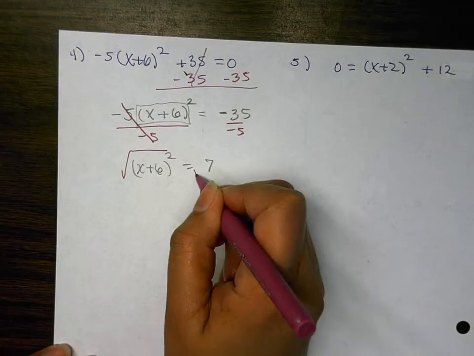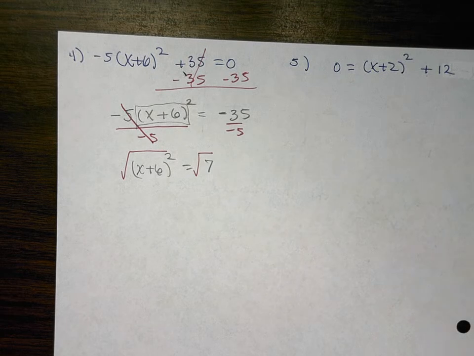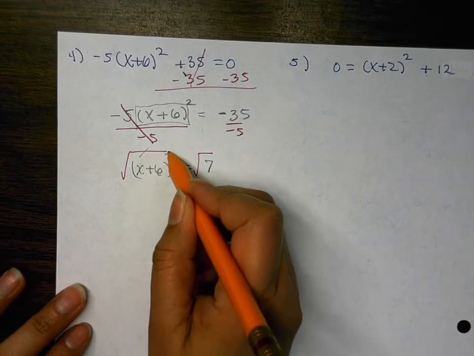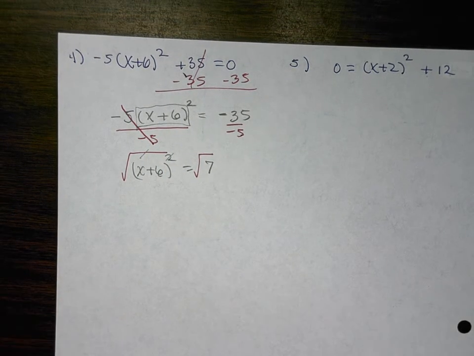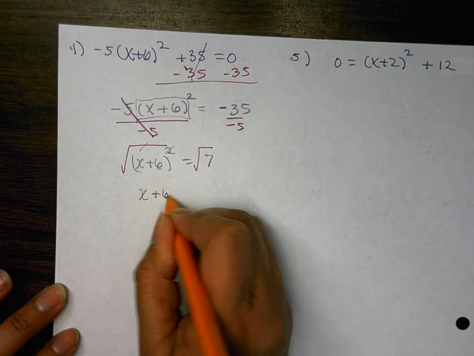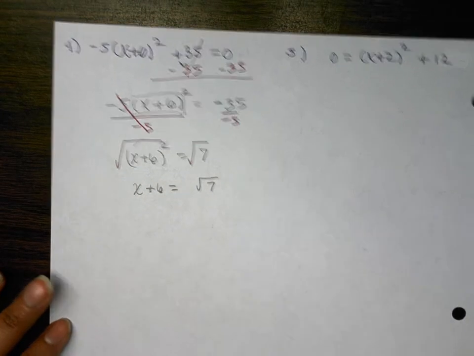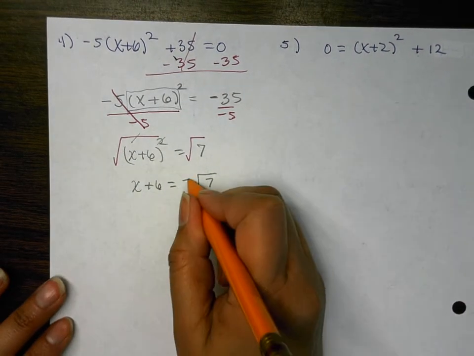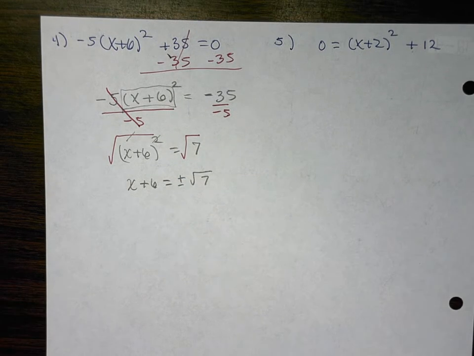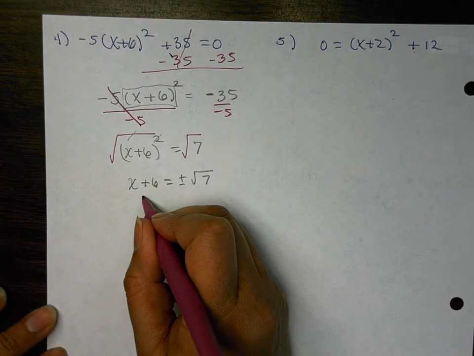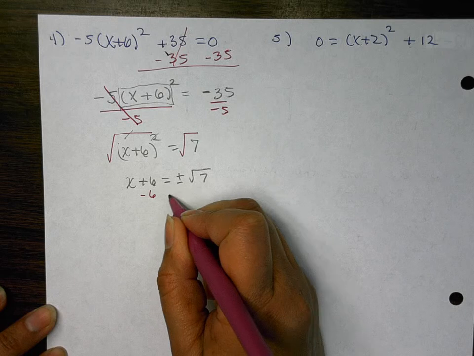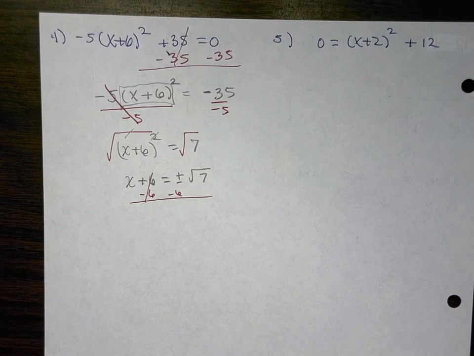All right, what did you guys do next? And what happens with the square root and the squared? They go away. They undo each other because they're inverses of each other. X plus 6 equals root 7. Where did I mess up? Plus and minus. Good job. And what's the next step? Subtract the 6. It's okay if you put it at the end.